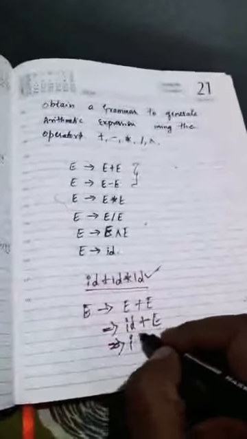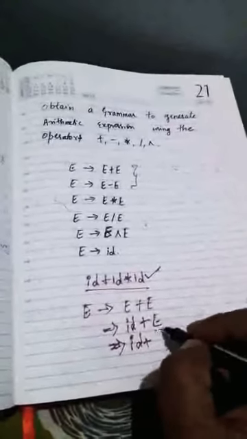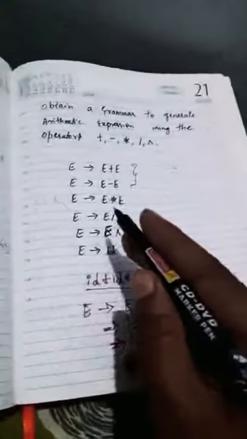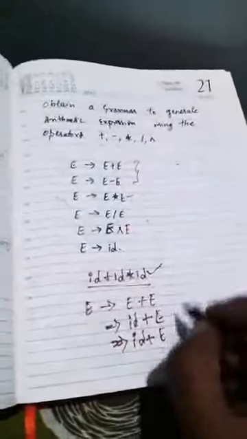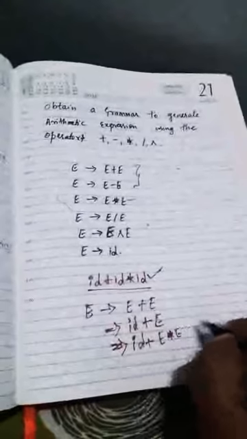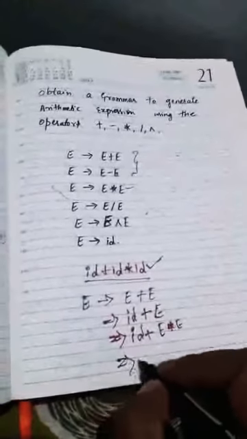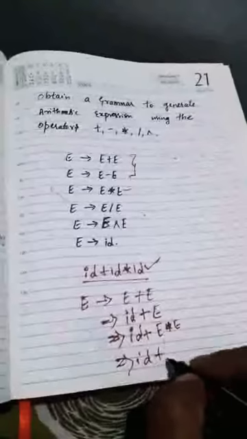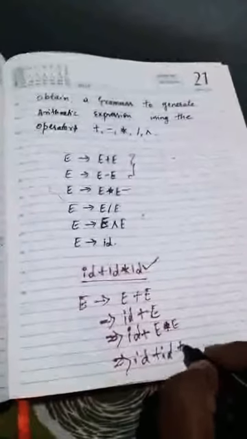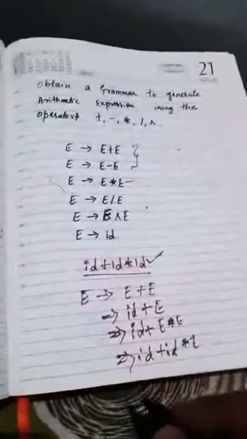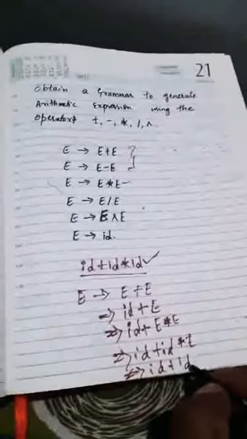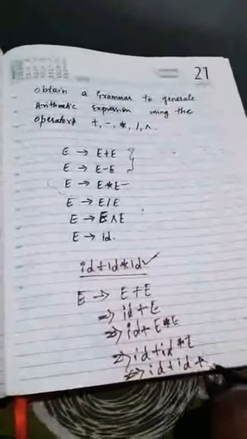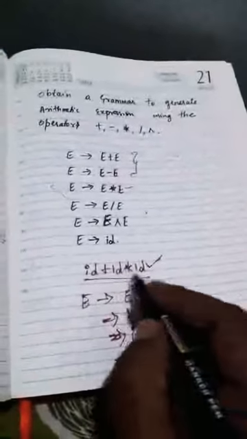Next I'll take id plus this E replaced with E into E, this production. So I'll get E star E. Next it will be id plus id star E. Next we replace this E with an identifier. So you are getting this arithmetic expression.